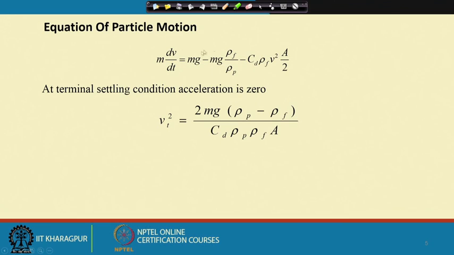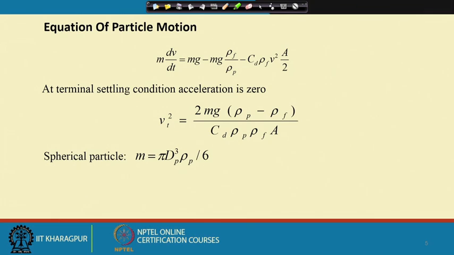If I rearrange this equation and write V square in terms of V t square, t stands for terminal, we can write V t square is equal to 2 mg (rho p minus rho f) divided by C d rho p rho f A. Now, for a spherical particle, what is the m? M is equal to volume into density.